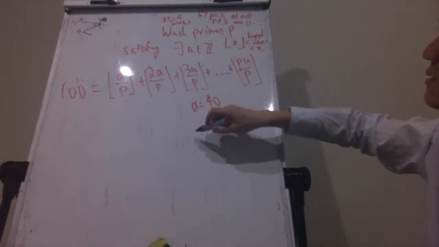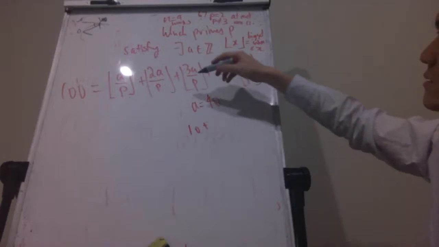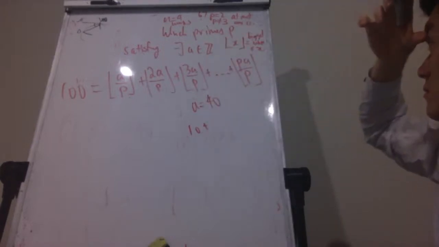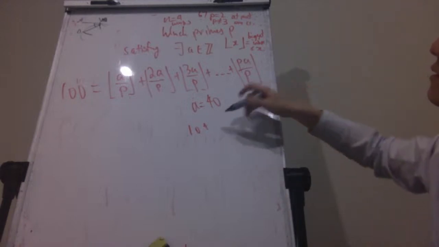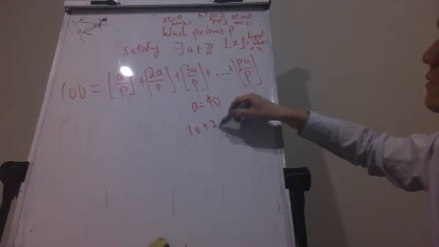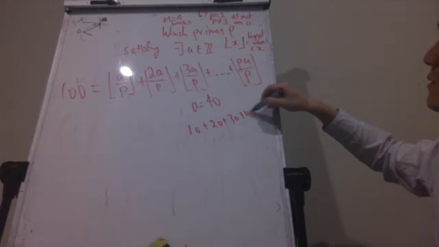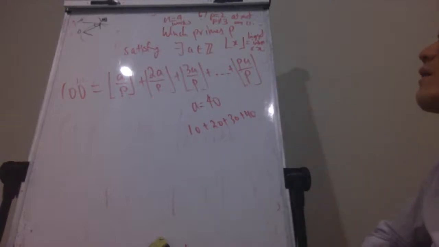So that gives you 10, because 40 over 4 is 10. And you get 10 plus 20 plus 30 plus 40, and that's 100.